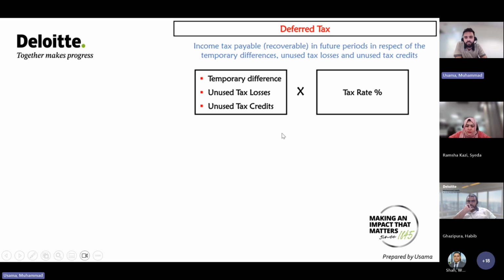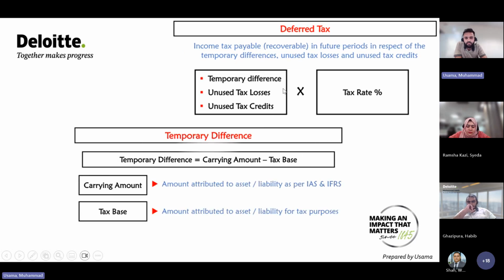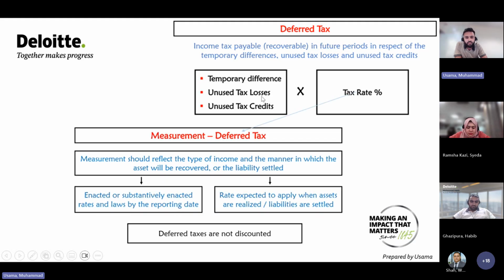Then, continuing, we have discussed the temporary difference as per the balance sheet approach, and now going to the tax rate. Which tax rate should be used for the deferred tax calculation? While computing the current tax, we use the current year tax rate.